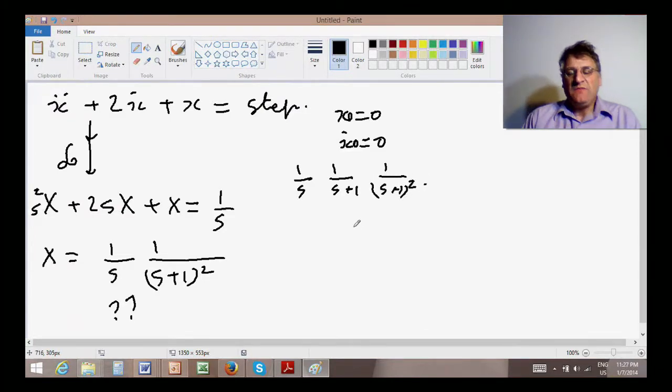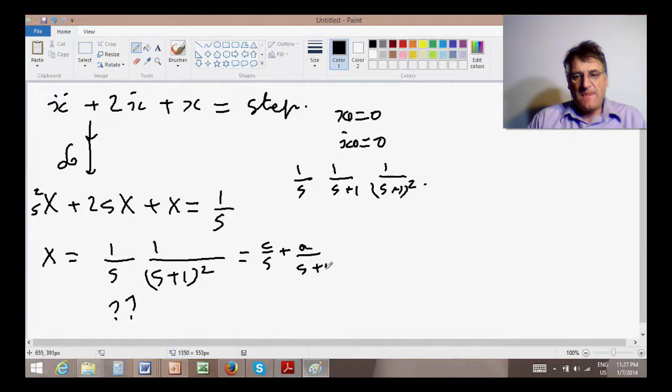So let's solve this for a second. We're going to say this is c over s plus a over s plus 1 plus b over s plus 1 squared.